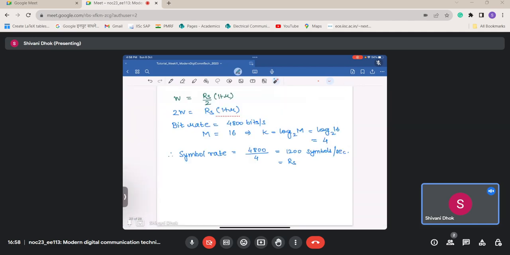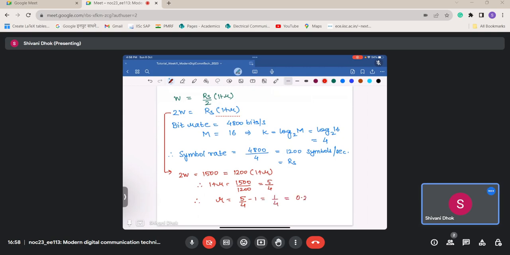So from this equation, 2W is equal to 1500, which is equal to the symbol rate 1200 into 1 plus R, and therefore 1 plus R is equal to 1500 upon 1200, which is 5 by 4, and therefore R will be equal to 5 by 4 minus 1, which is 1 by 4, which comes out to be 0.25.